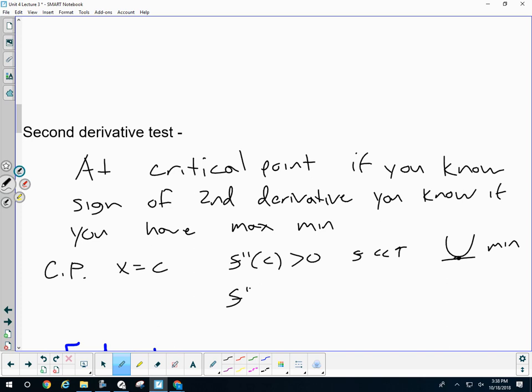If the second derivative is negative, we know that f is concave down. At a critical point c, if we are concave down, max. Now we have a situation with like that 0. If the second derivative equals 0, just do the first derivative test. We don't know.